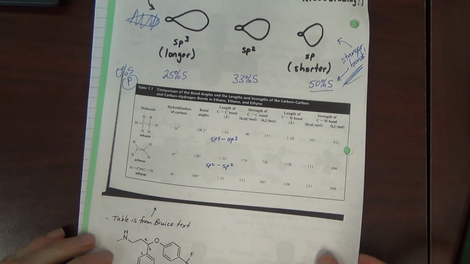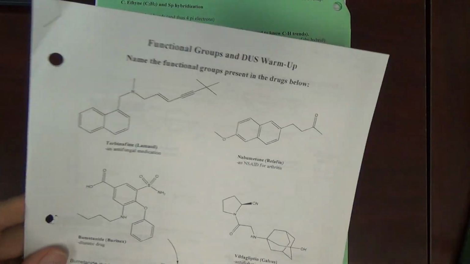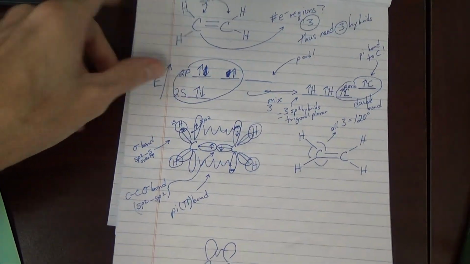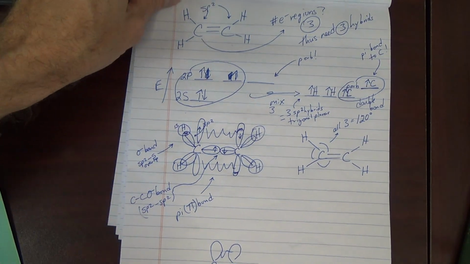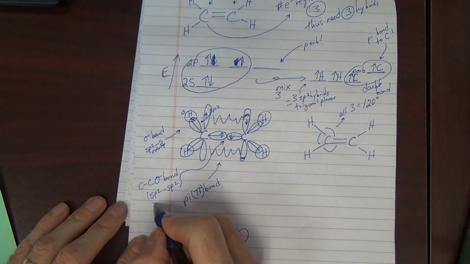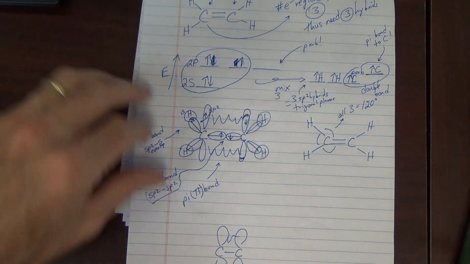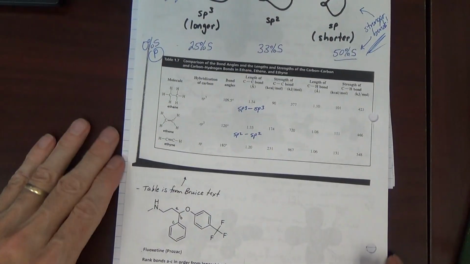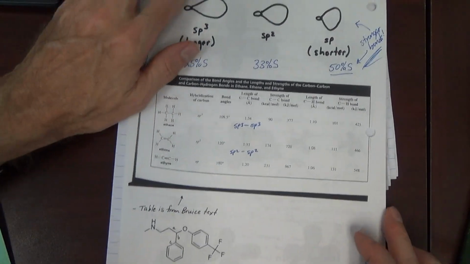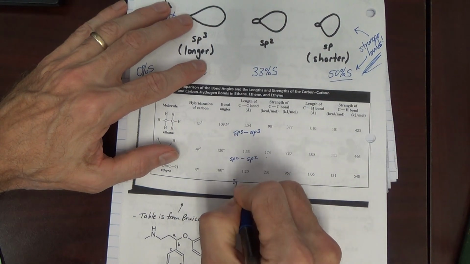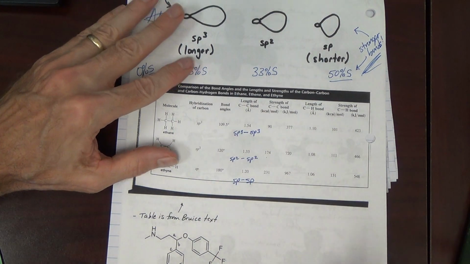This is mainly review. We showed this in the previous video. You need to go back and review. Right there was our sp2, sp2 overlapping. And then the sigma bond in the alkyne is, of course, sp-sp overlap.